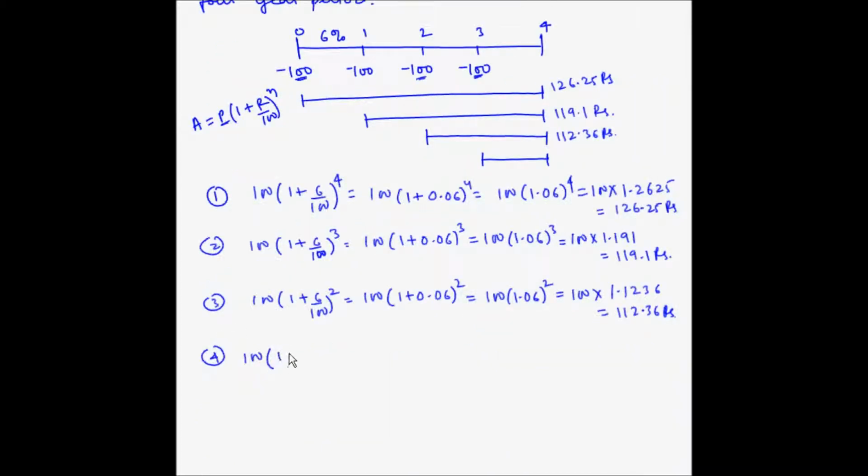This will grow for 1 year only. So 1 plus 6 by 100 to the power 1. 100 into 1 plus 0.06. This is 100 into 1.06, which is 106 rupees.